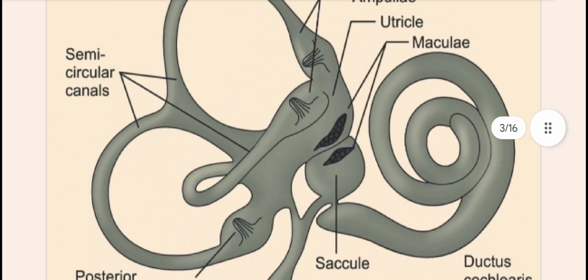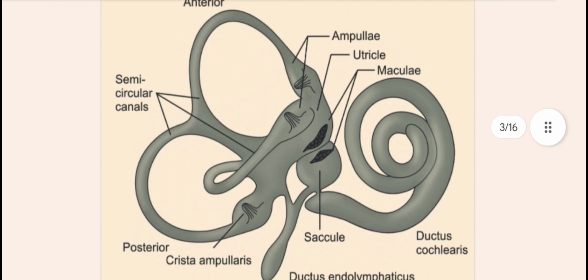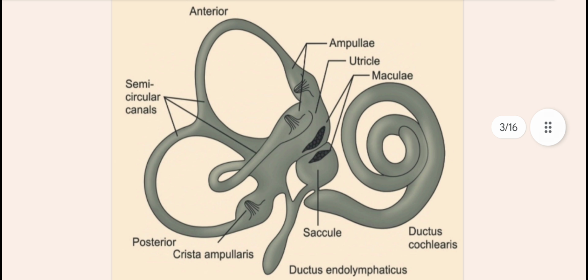this is a diagram showing the functional part of the vestibular apparatus, that is the membranous labyrinth, which consists of 3 semicircular canals and 1 otolith organ. The otolith organ consists of 1 utricle and 1 saccule, both are sac-like organs, sac-like bags.